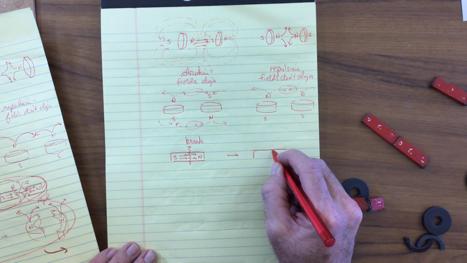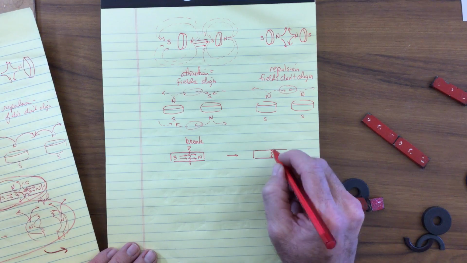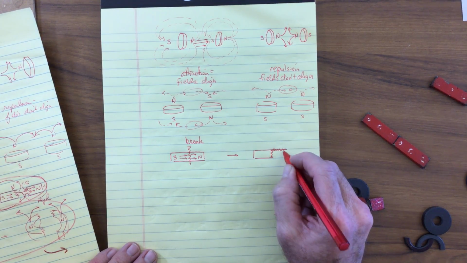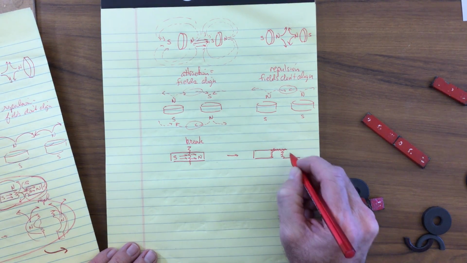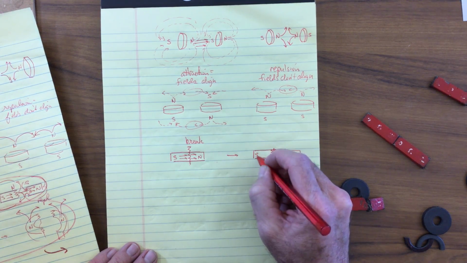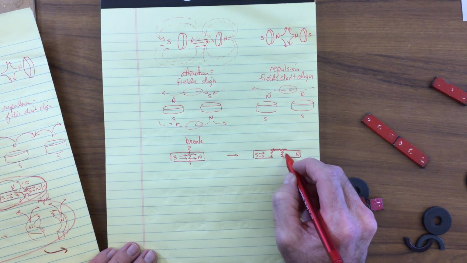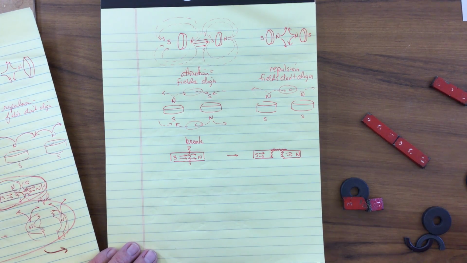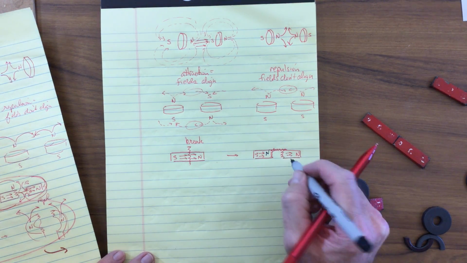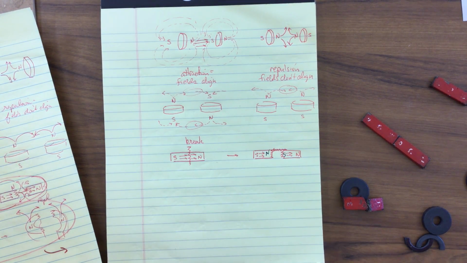Going to have one broken here, put some space there. The other one will be here. Here's the south, here's the north. The electrons are oriented in this direction like this. So what happens is it creates this as being a new north and this a new south.